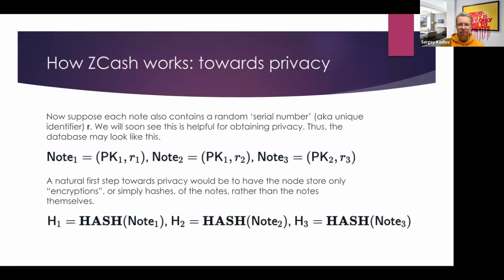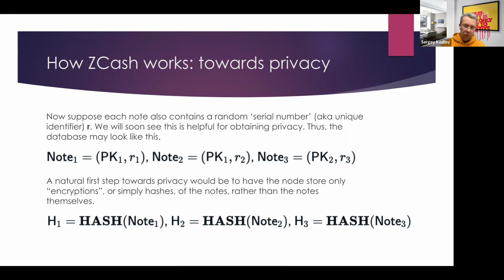Now we come to the privacy. The first step is that we add to each of our nodes an additional value, call it serial number, R1, R2, R3.